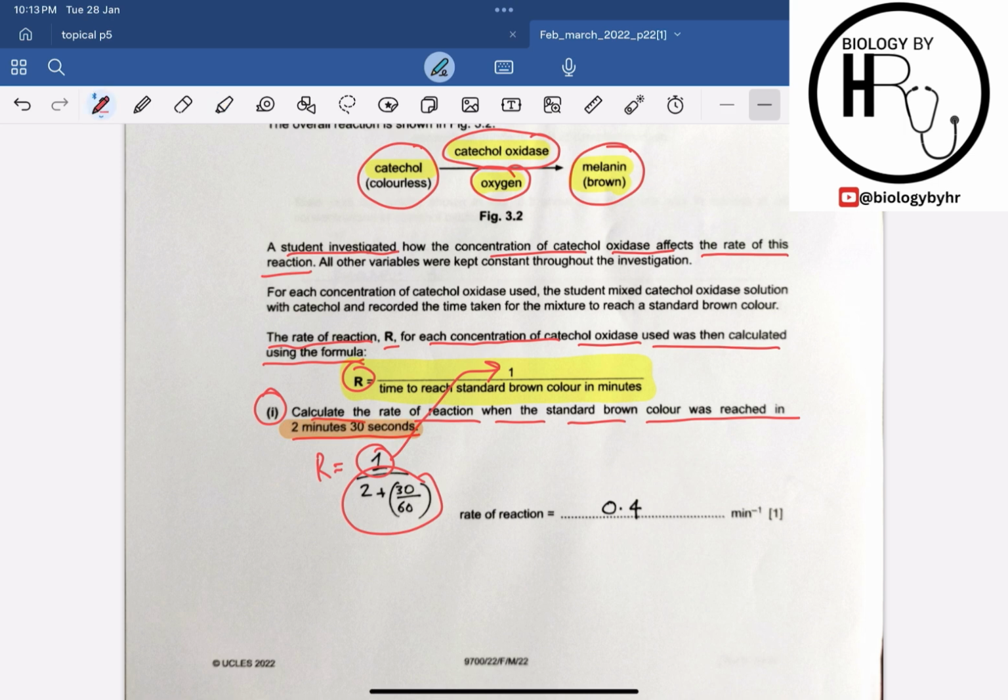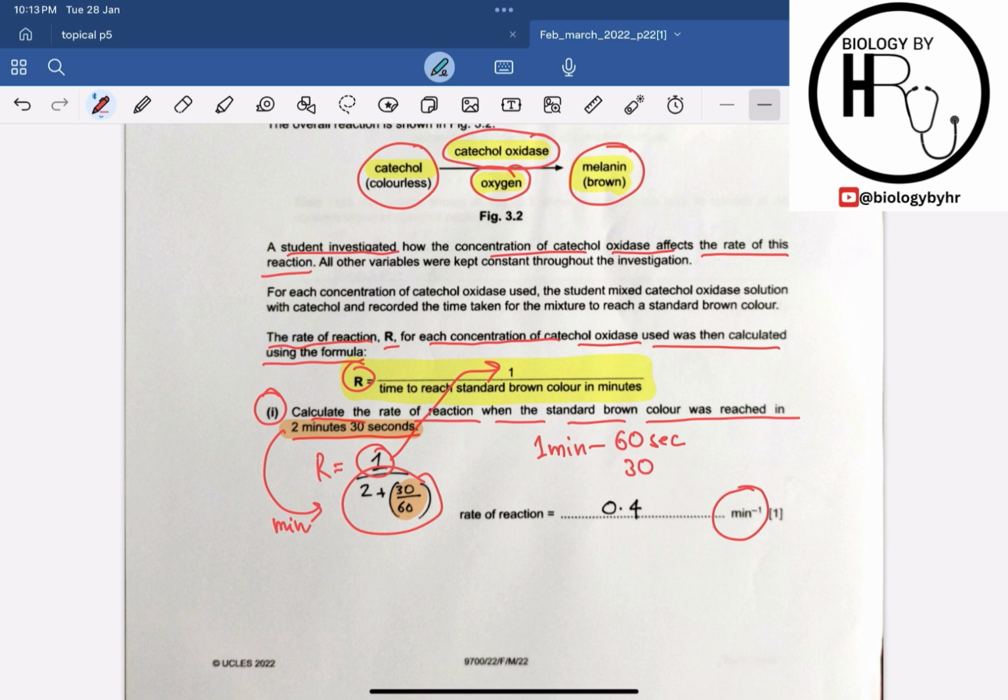Now what we have to be careful about is that the unit of the rate of reaction given in the question is per minute. So you have to make sure that the time you are using is in minutes. We have to convert the seconds into minutes, and to do that we divide 30 by 60, right? Because 1 minute has 60 seconds.